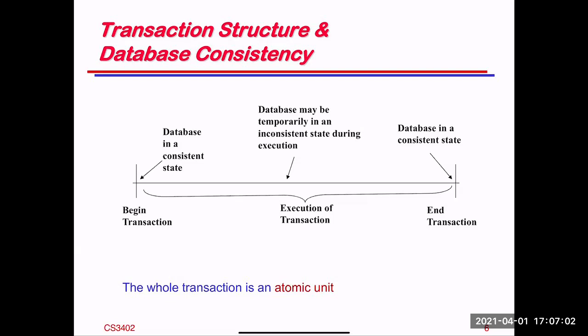Maybe at some point here, I have deducted some amount from the first account and I have not yet added it to the second account. So the database is in an inconsistent state, right? Because the money that I deducted from one account has currently vanished. Only at the end of a transaction are we guaranteed that the database is back in a consistent state. Therefore, we want to make sure that this whole transaction is considered to be an atomic unit.